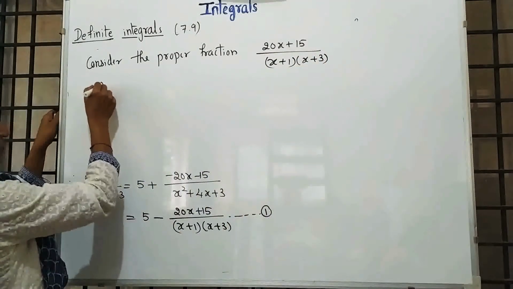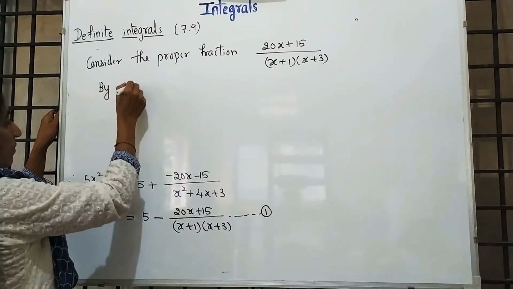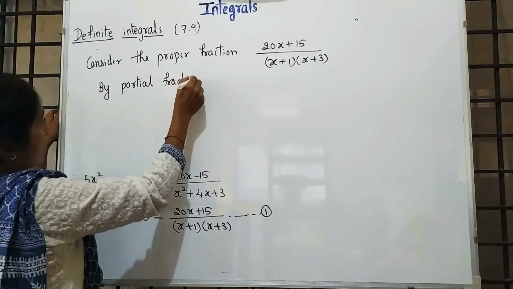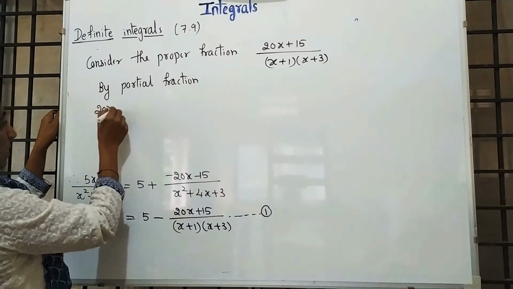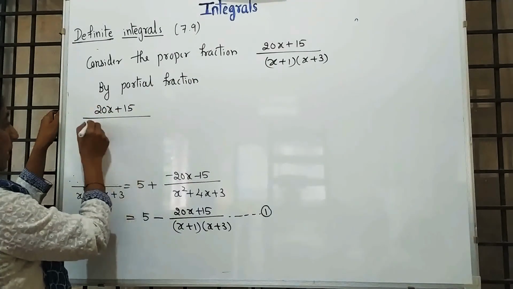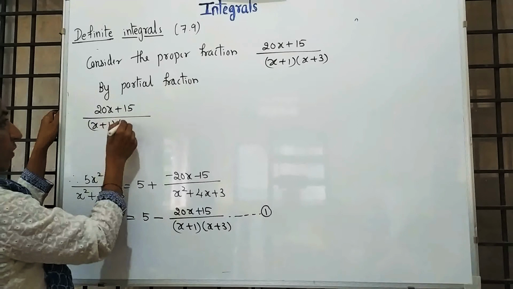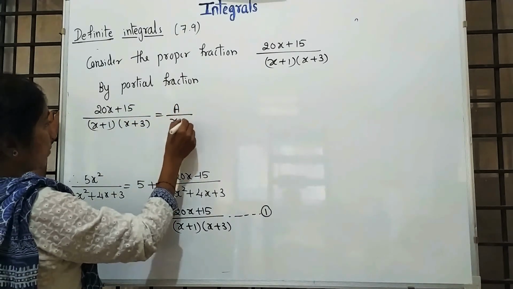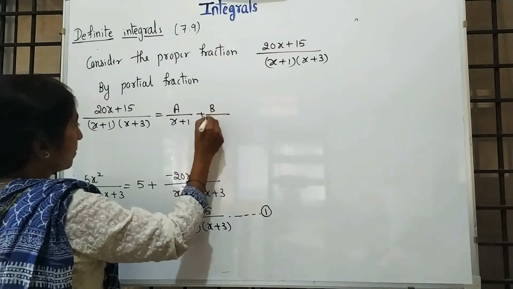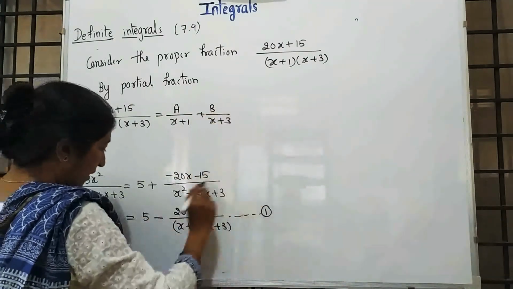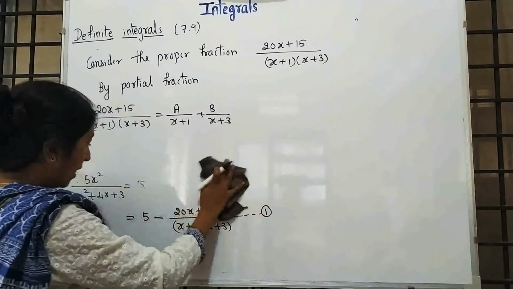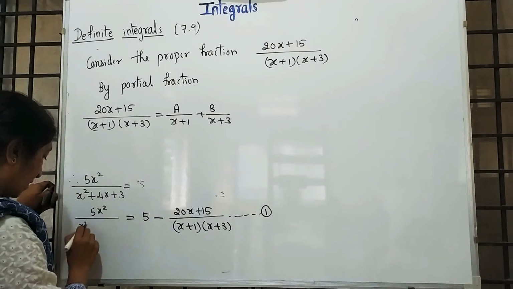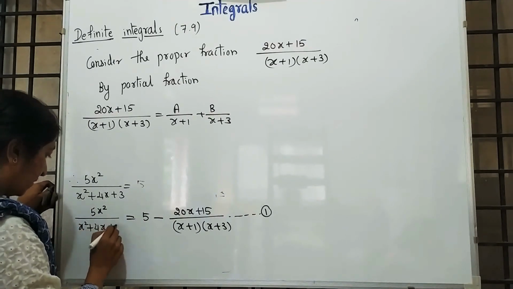Now apply partial fraction. By partial fraction, 20x plus 15 divided by x plus 1 into x plus 3 is A upon x plus 1 plus B upon x plus 3. The last line I kept as it is for your reference: 5x square upon x square plus 4x plus 3.